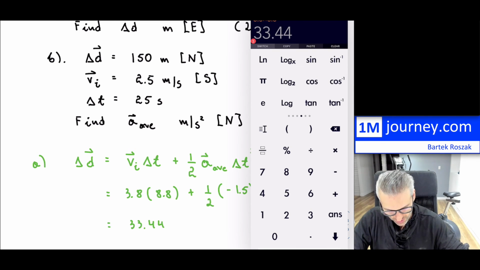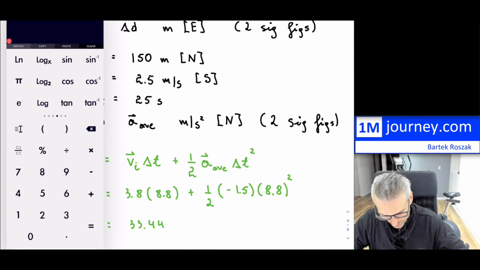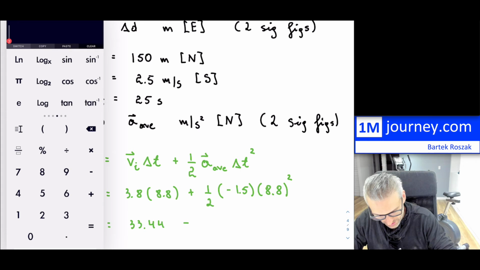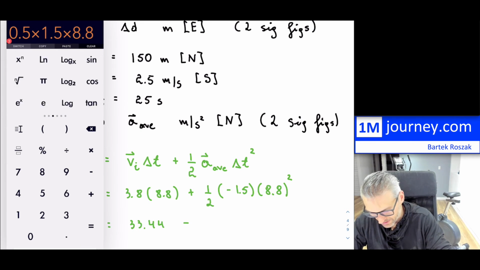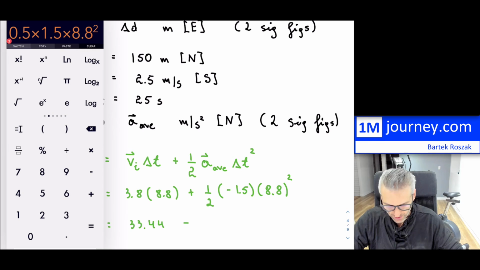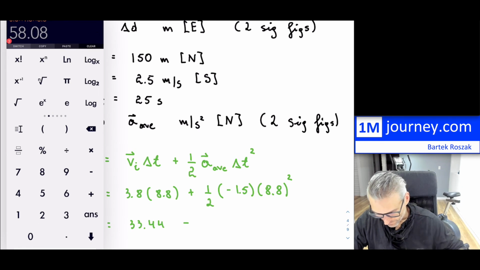I'm going to write it in just so that you have a reference point. Now notice that negative is going to come out in front, so I'll just leave it there. 1/2 is 0.5, so 0.5 times 1.5 times 8.8, and this is squared. And that's going to be 58.08.